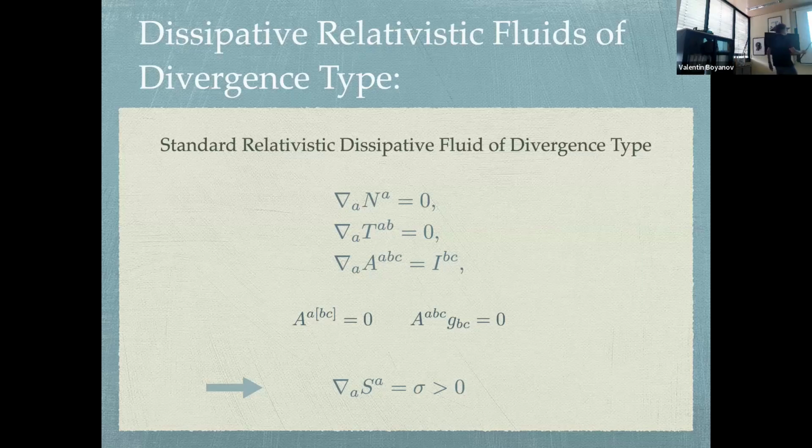And then you also find that there is an entropy because there is some source, and you can choose it in a way that is sign definite. So you will be creating entropy along the evolution.